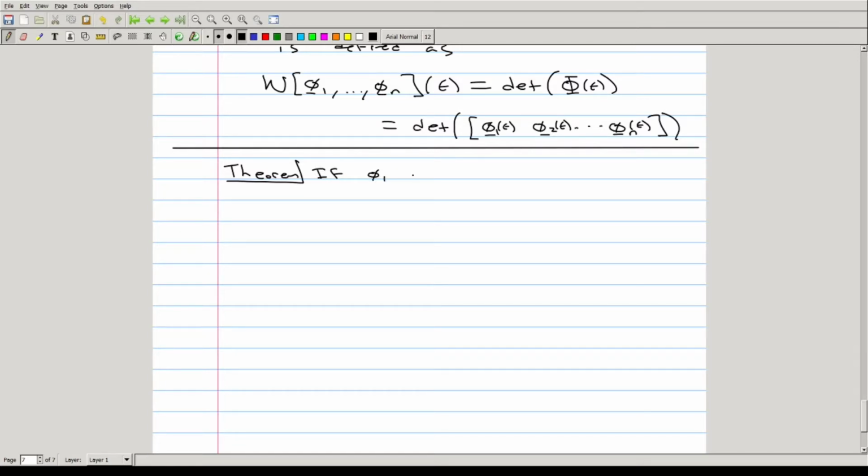So if phi1 to phi(n) are linearly dependent on the interval I, or for t in I, then the Wronskian is identically equal to 0 on I. And the proof of this, I'm going to sketch it out.